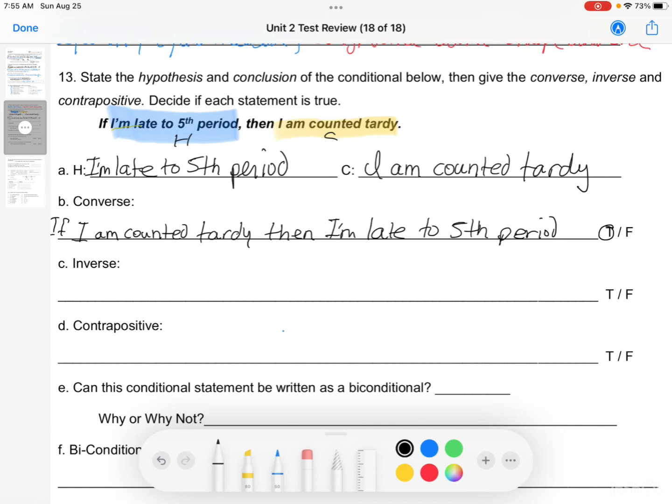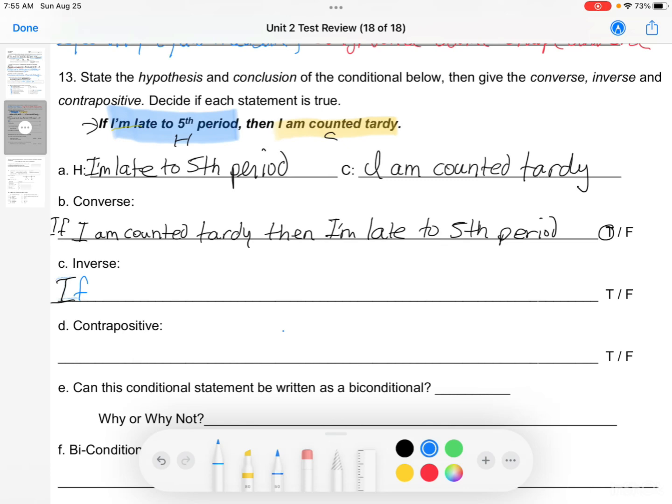Okay, and in the inverse, this time we go back to the original, and we just put nots into it. So I'll go ahead and do a different color. If, I'm going to go back to what the original statement was. The original statement is right here. I'll do it in blue.